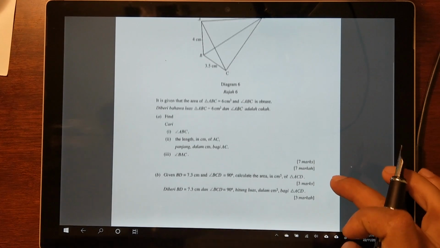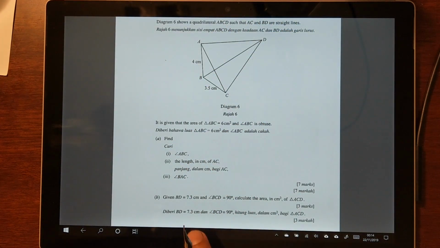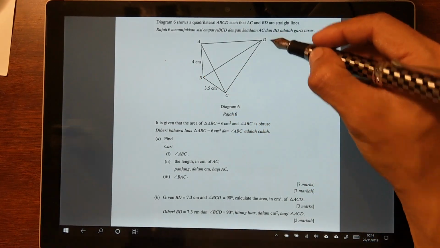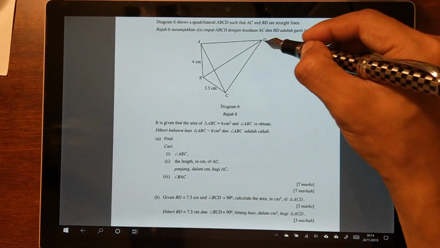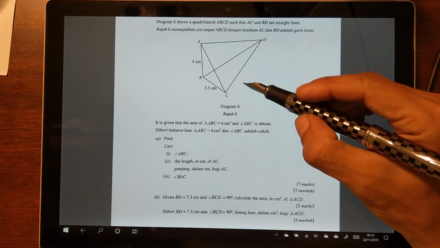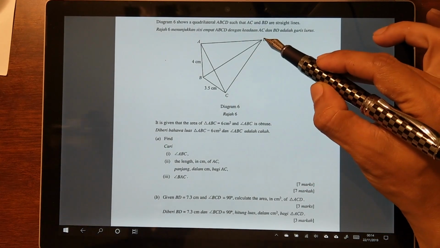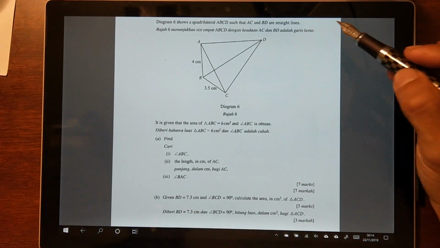Right, so part B, given that BD is 7.3 cm, and BCD is a 90-degree angle, which is that. Calculate the area of ACD, the big triangle right there. Well, let's start with finding out CD, and you can find CD simply by the Pythagoras theorem. That's pretty straightforward.